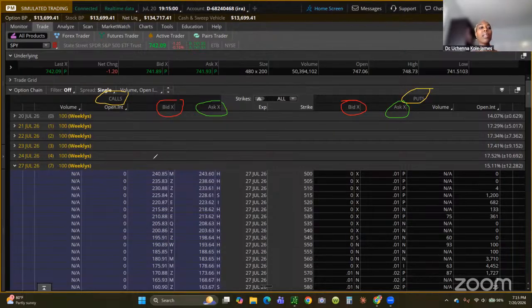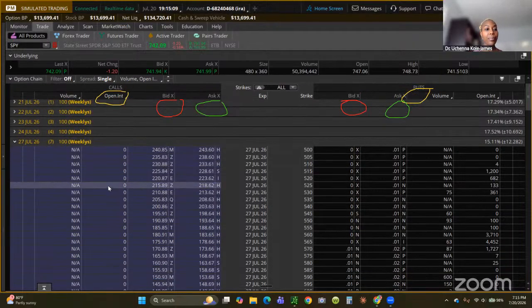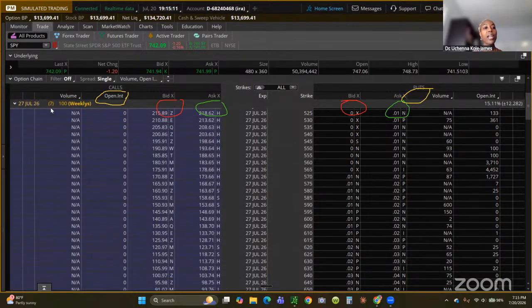Let's say you believe that the SPY is going to go up and you want to buy a long call for 7 days out. You make sure that you pick the expiration July 27th. This 7 right here will show you that it's 7 days out.